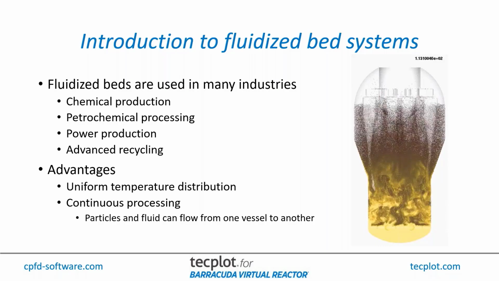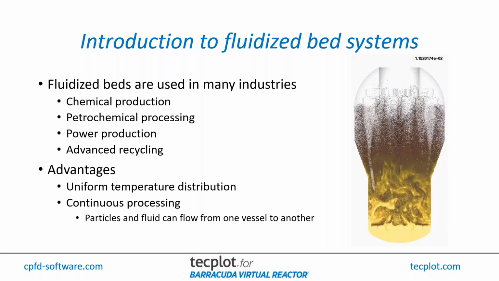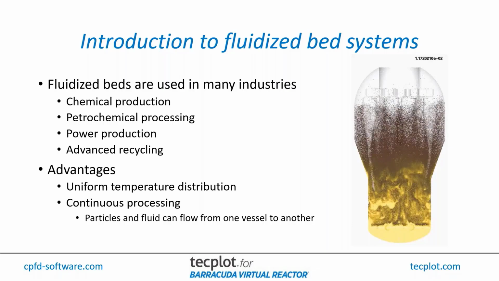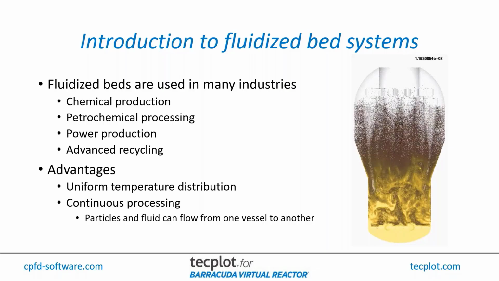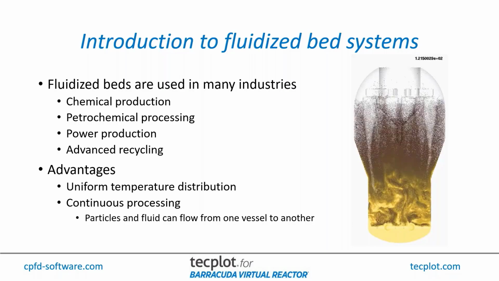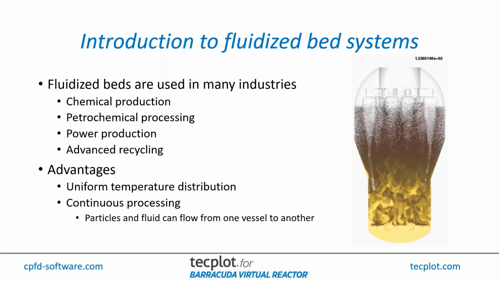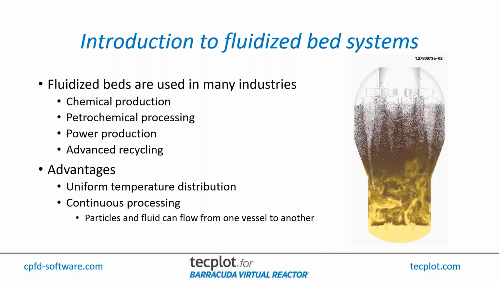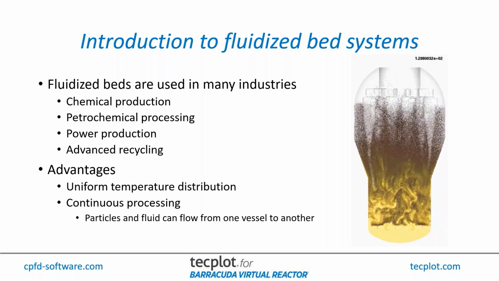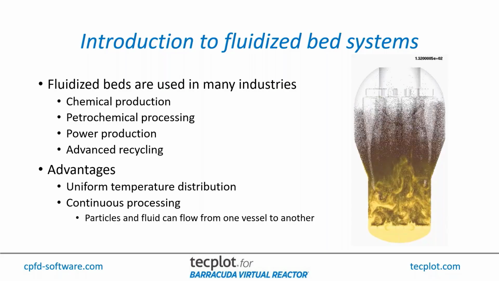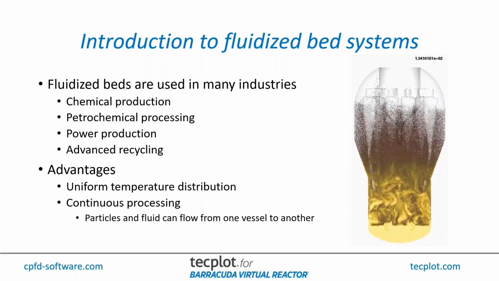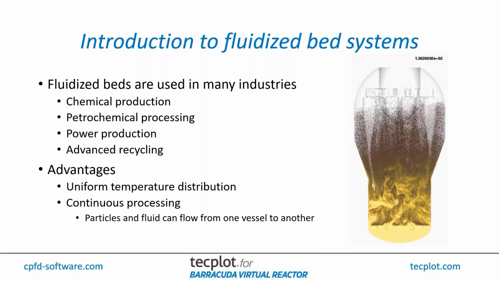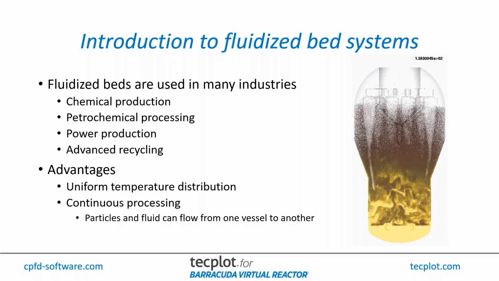Another advantage is that because the particles are fluidized, they can flow like a fluid from one vessel to another, and this allows engineers to design continuously running processes as opposed to batch processes. FCC regenerators, like the one shown here, for example, have particles continuously flowing into and out of them, and they're just one component of an overall looping system that is usually intended to be run for 3 to 5 years without interruption.